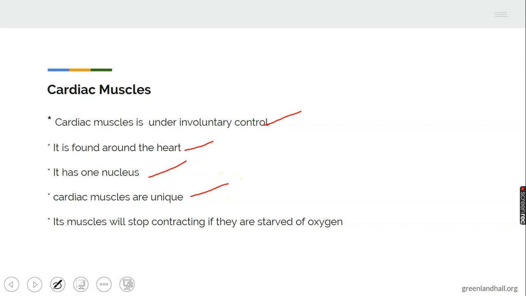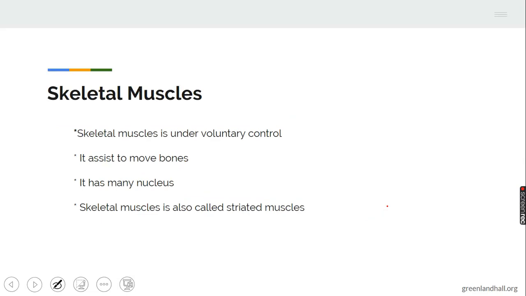They will only stop contracting if they are starved of oxygen. That means if oxygen is lacking in the heart, that's why the cardiac muscle will stop working. So we need more oxygen.